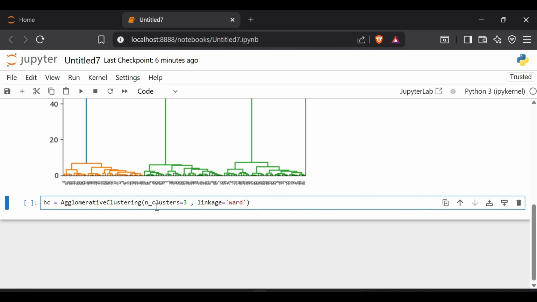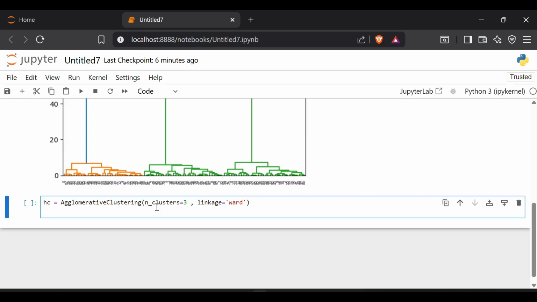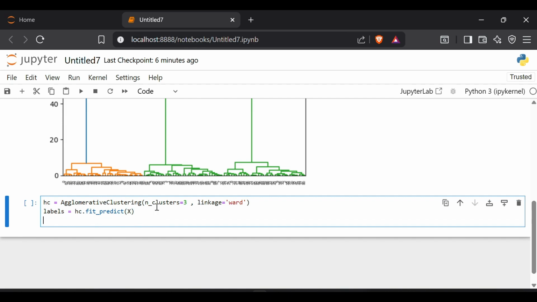Okay, and then we will give the labels. Labels is equal to HC dot fit_predict, and then we will predict the value of X, so we have predicted it.